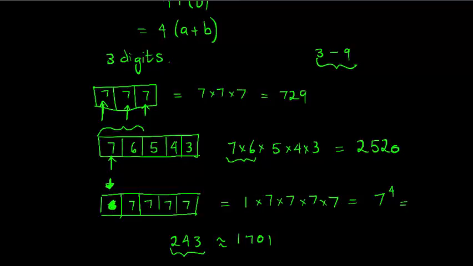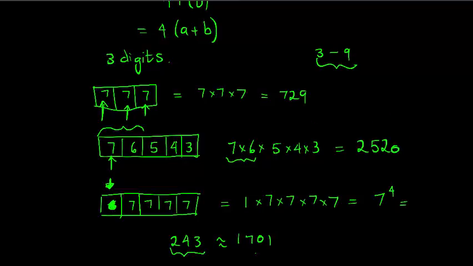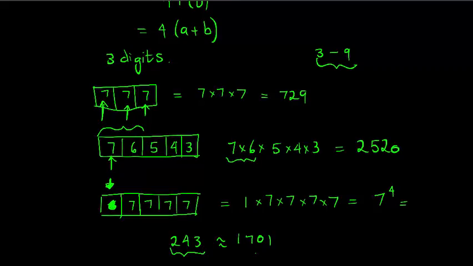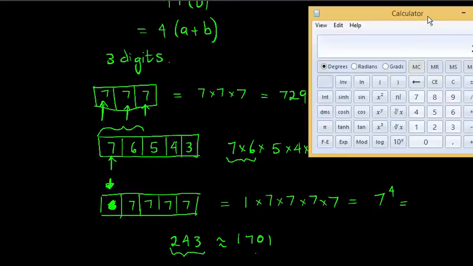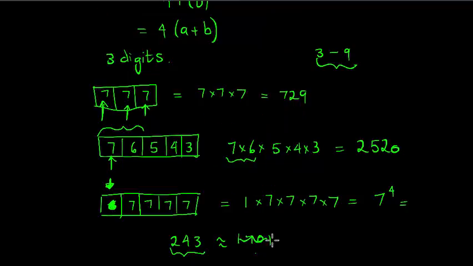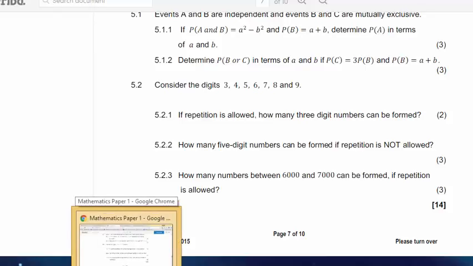Well, I suppose I can. 7 to the power of 4 is 2401. Sorry, I had that way wrong. 2401. Sorry about that. Okay, nevertheless, that's it.